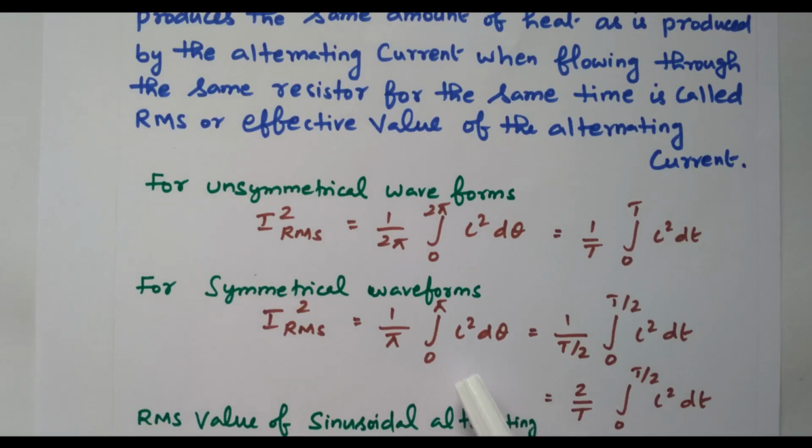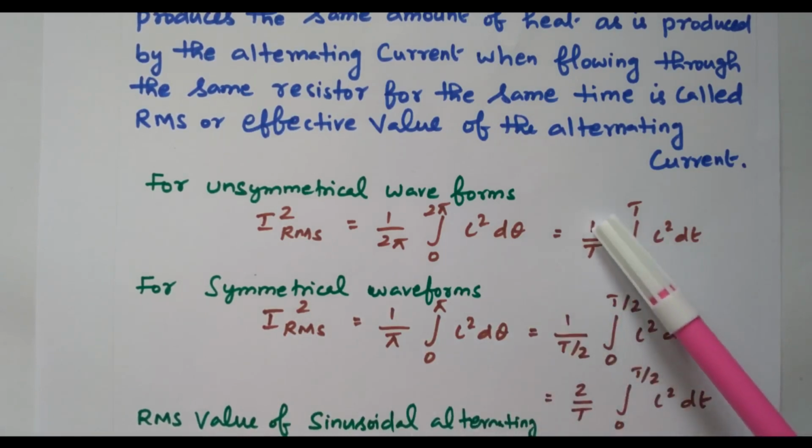During the positive half cycle, the current is plus I. During the negative half cycle, the current is minus I. But while taking the square, it becomes positive, so it will not be 0. Plus I and minus I will not cancel. Both become positive, so that is why we are taking the square. The negative term is converted into positive while taking the square. But again we are taking the square root, so that the originality will not change.